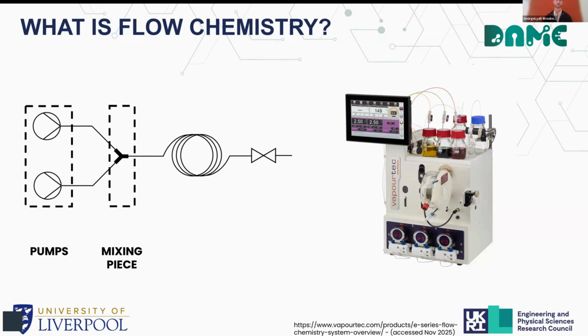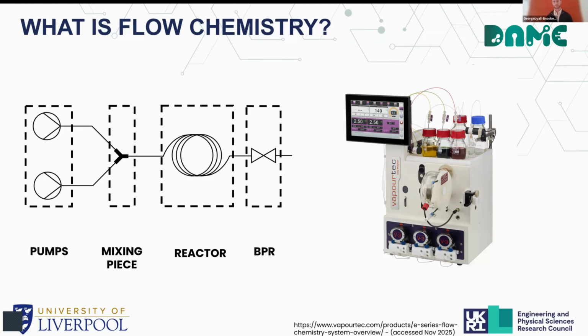Once your two reagent streams are mixed, they then enter a reactor. As I was saying, these reactors consist of small, narrow diameter tubing. So in comparison with batch chemistry, you get improved heat and mass transfer, which is often favorable for your chemistries. Also, in this Vapourtec system, it's contained within this glass housing where you can control the temperature via the software embedded in the reactor, and you can also monitor the temperature via the use of a thermocouple here.